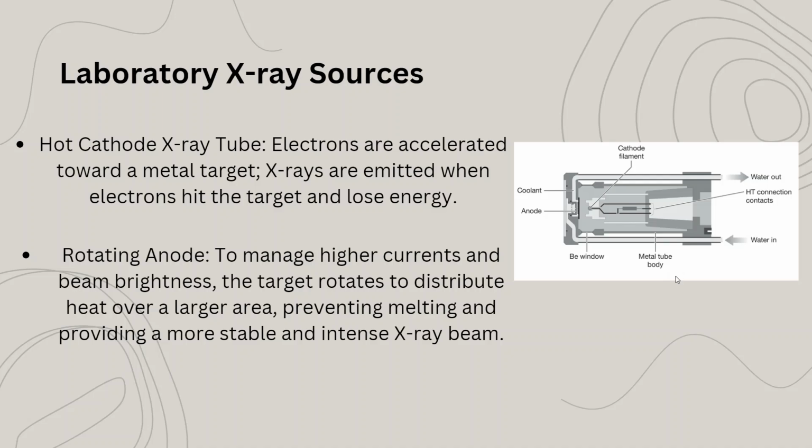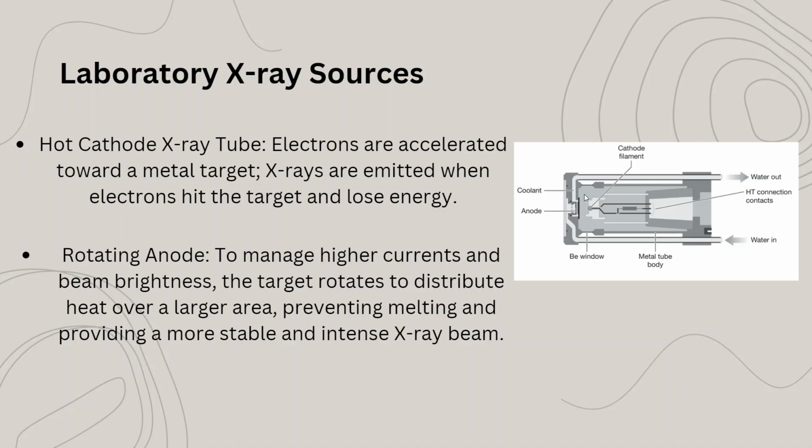We can also reduce the heat by replacing this anode with a rotating anode, because when the electrons hit it, it gets damaged by heat or other radiations. If it is rotating, the electrons hit only one spot at a time, and at another instant the anode rotates and the electrons hit another point.